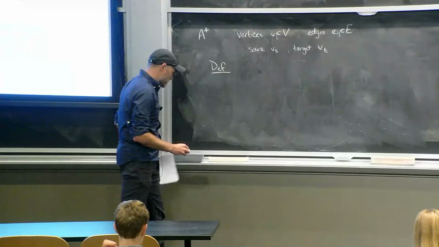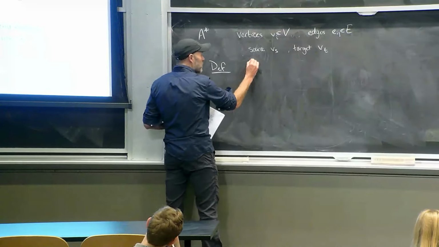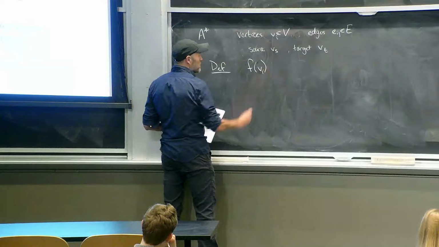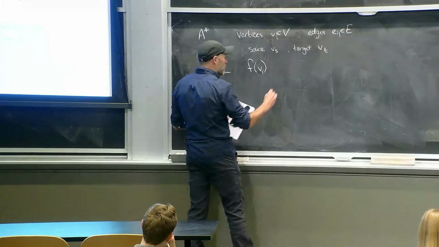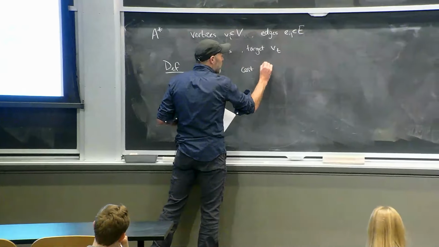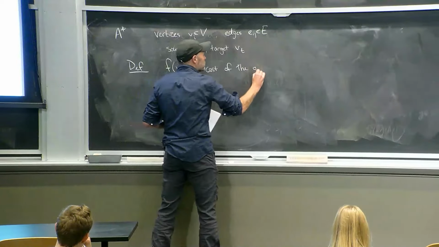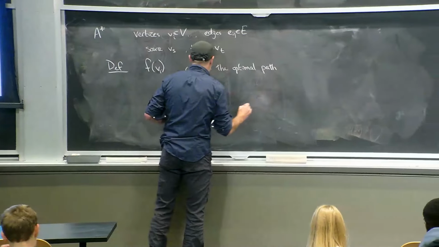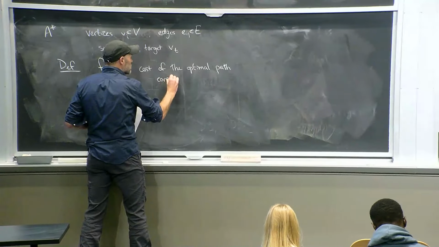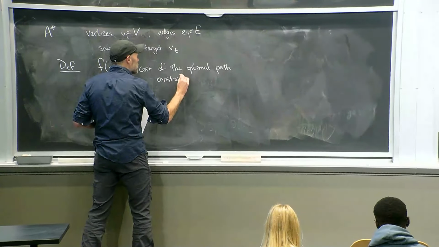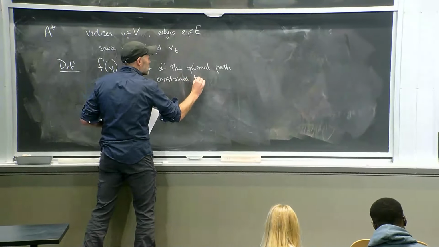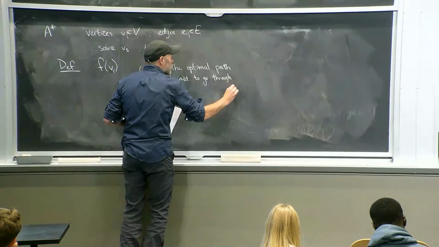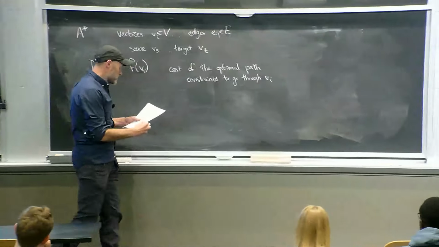All right, let me be careful here. Let's call F the cost of the optimal path constrained to go through node V_i.